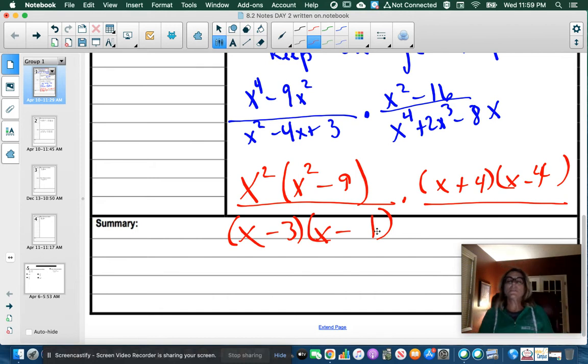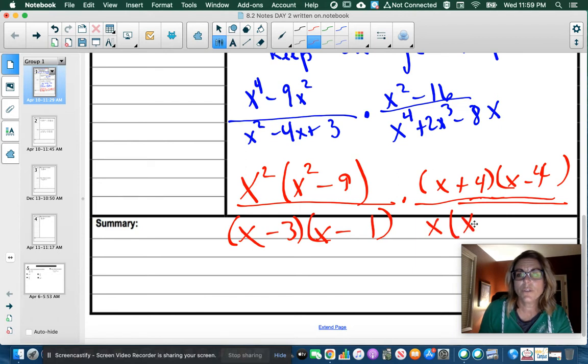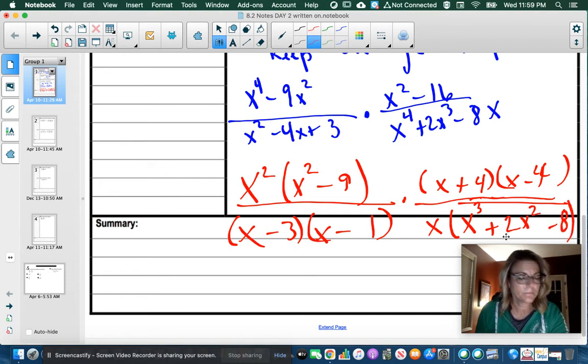And x to the 4th plus 2x cubed minus 8x. Well, first thing is I can take out a GCF, and that is an x. And when I do that, I take out an x, I get x to the 3rd plus 2x squared minus 8.